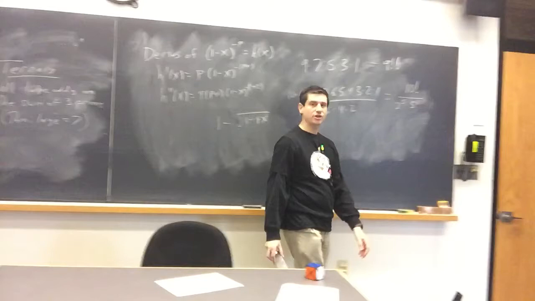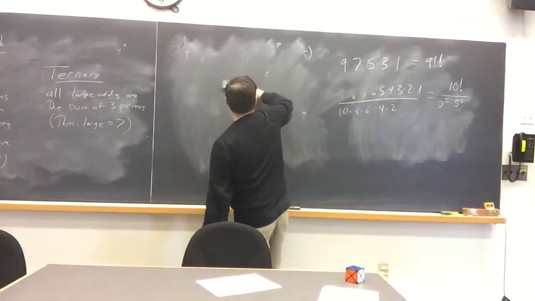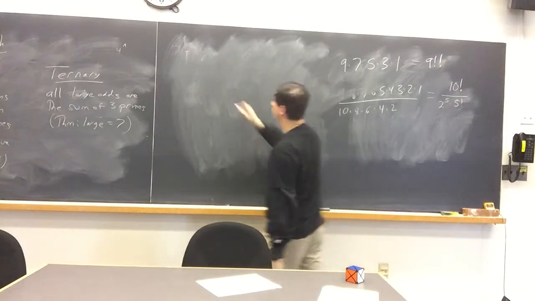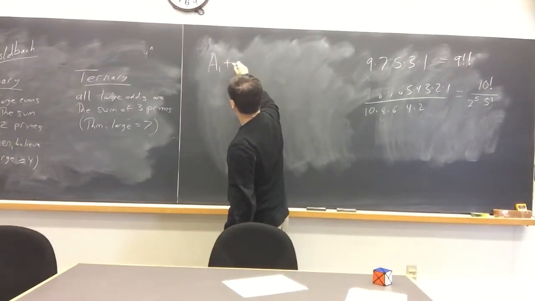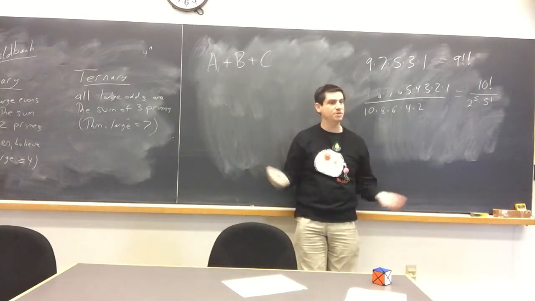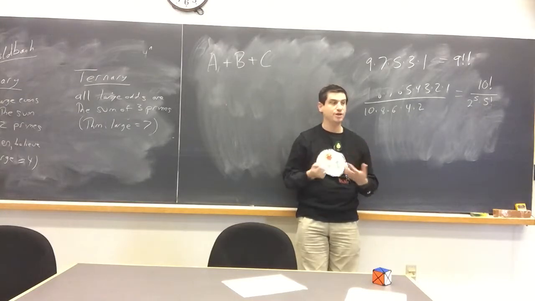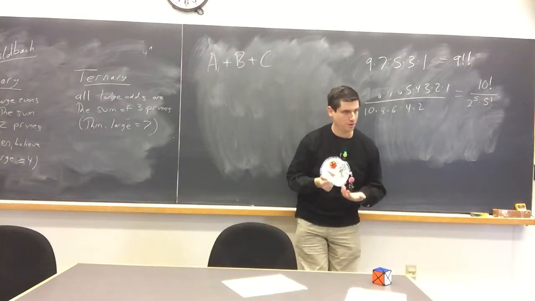We could look at it more generally, however. Imagine you have a couple of sets. You could look at what is A plus B plus C, where you choose some element from set A, some element from set B, and some element from set C. And you ask, what can you get? You can actually phrase Fermat's last theorem in this way.